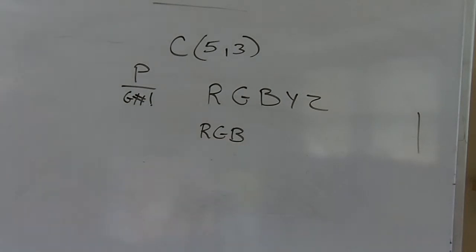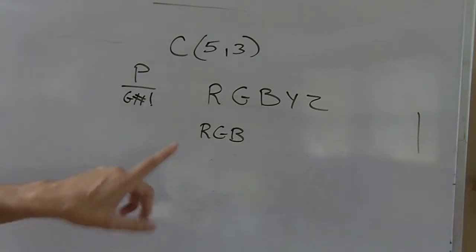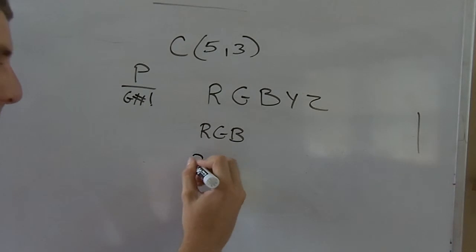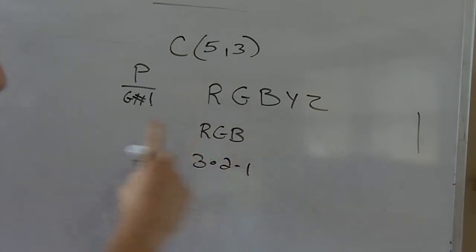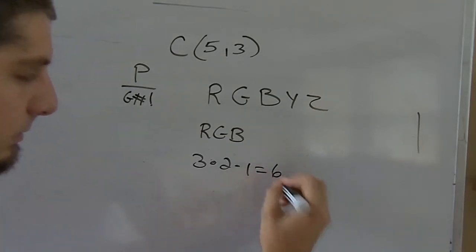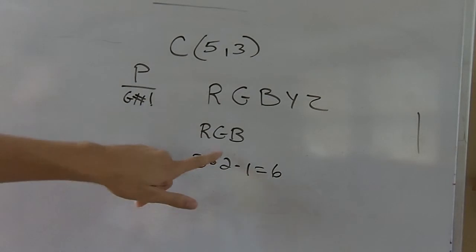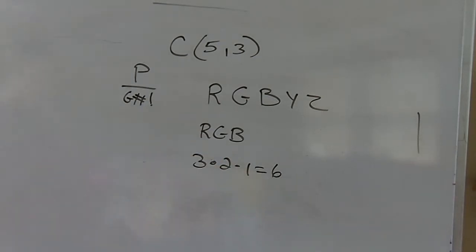I'm going to find all the different possible ways. That answer, that 6, tells me there are 6 different ways to arrange a group of 3. There are only 6 possible different ways to arrange a group of 3.